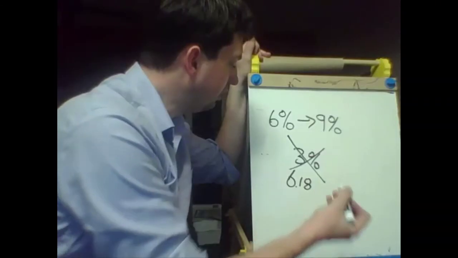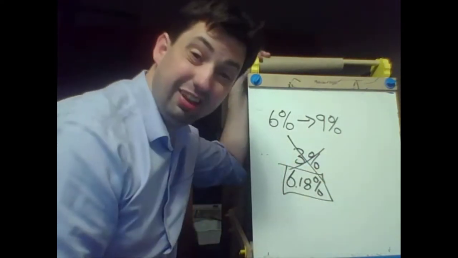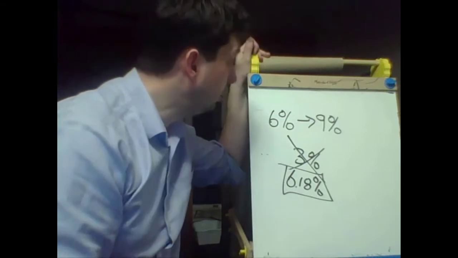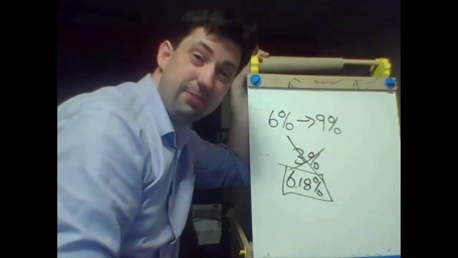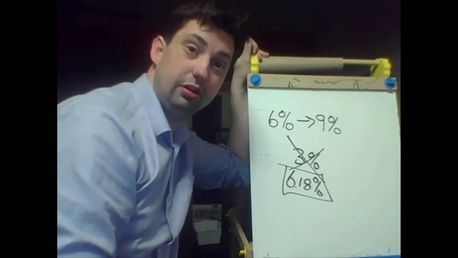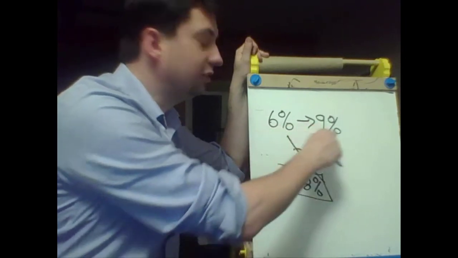Going from 6% to 6.18%, that's a 3% increase. Going from 6% to 9% is a 50% increase, because half of 6 is 3, 3 plus 6 is 9.